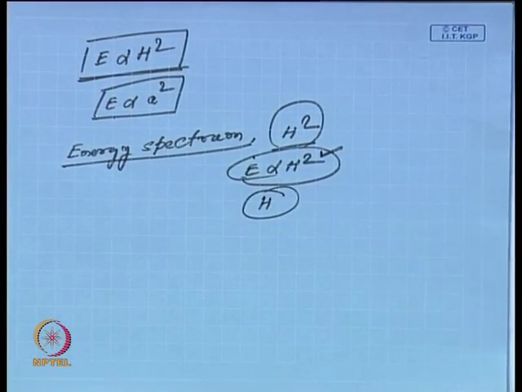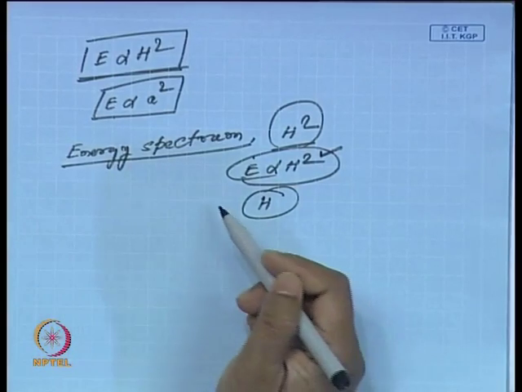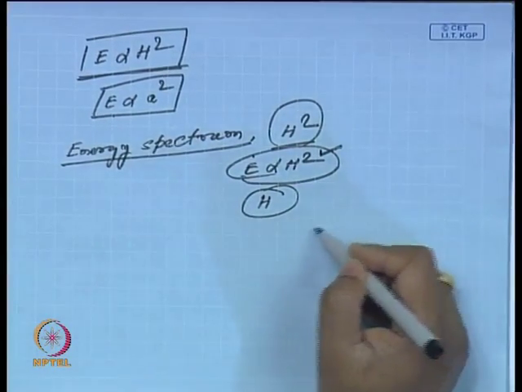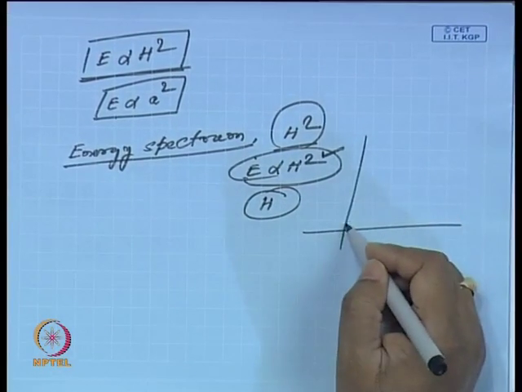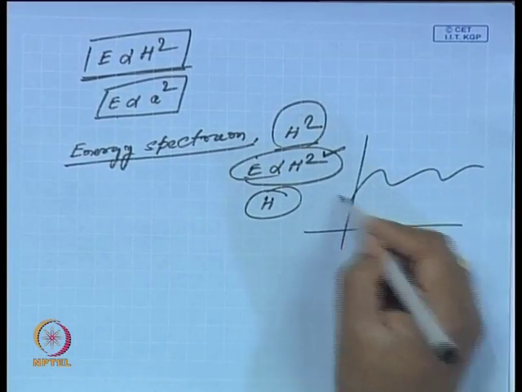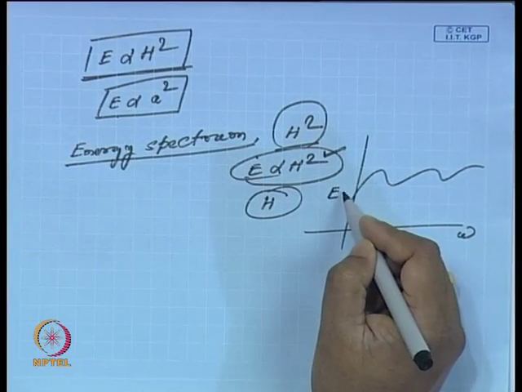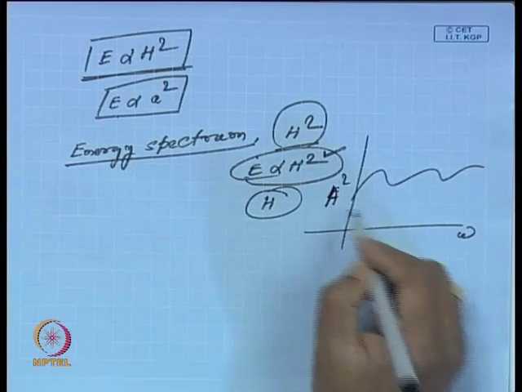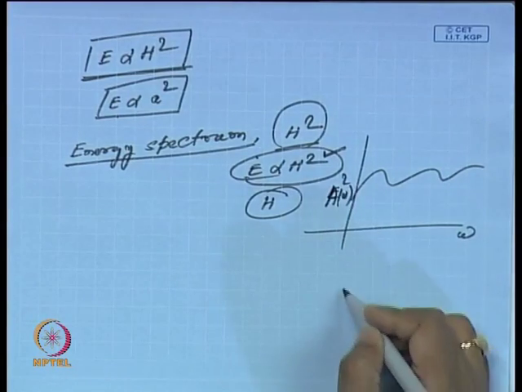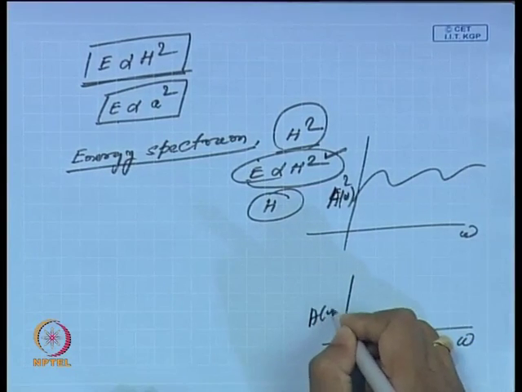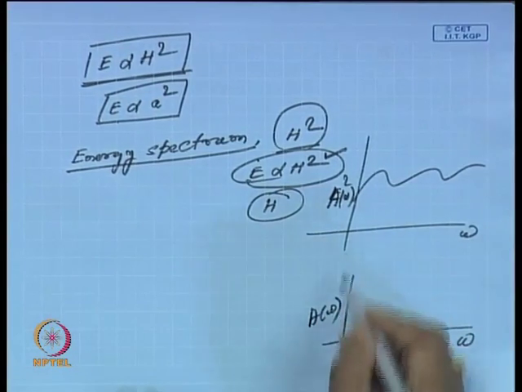In many situations in satellite data collection or other forms of data collection, we get the energy associated with the waves, what we call the energy spectrum, as a function of omega: E or A square versus omega. In case of an amplitude spectrum, we always get A(omega). These are all continuous spectra.